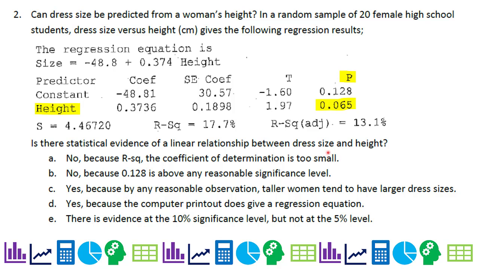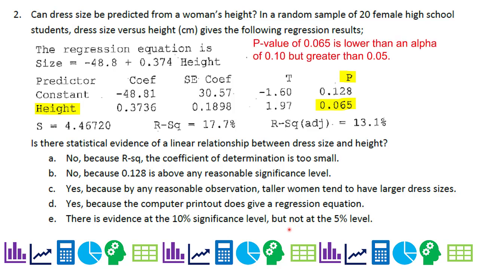Well, so 0.065, first of all, they asked on B, it's not 0.128, it's 0.065, right? And so we know it's not no, because both of these don't have anything to do with the p-value there, and so it must be yes for some. So let's see. We can see there's evidence at the 10% significance level, but not at the 5%.